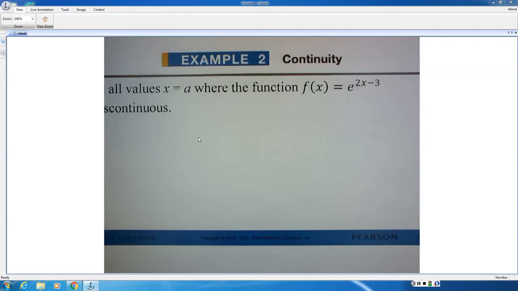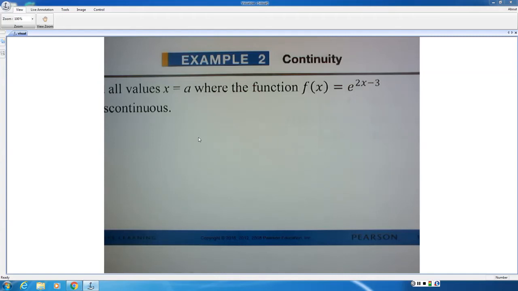So what do you think is probably true? Since those are the only two things we worry about, it's probably continuous everywhere.